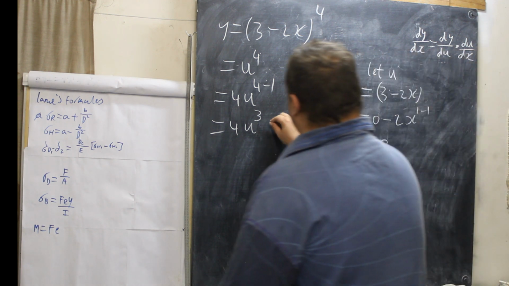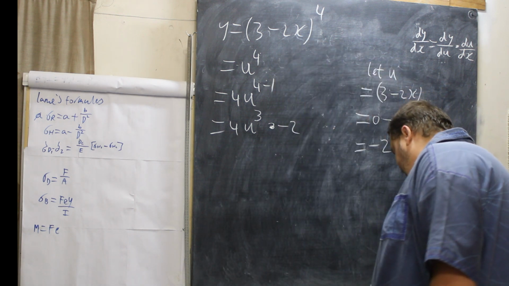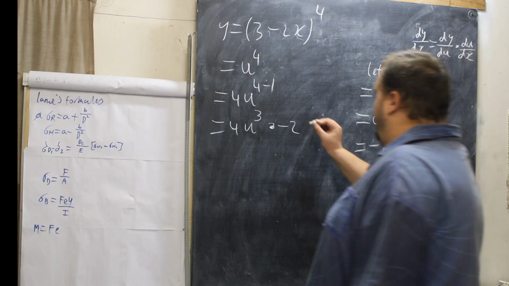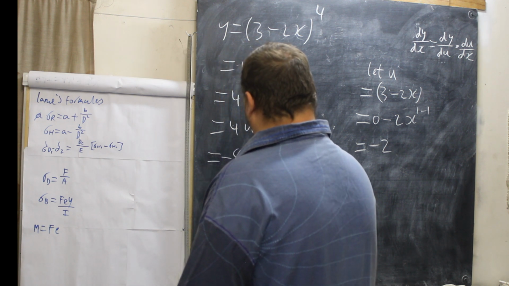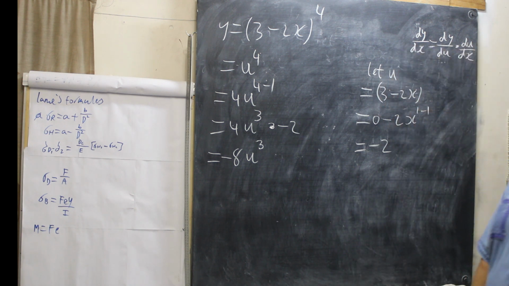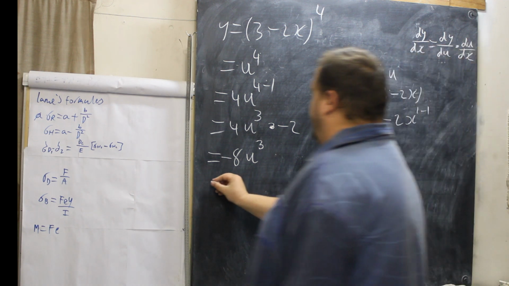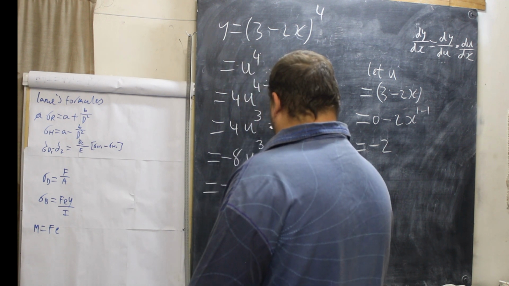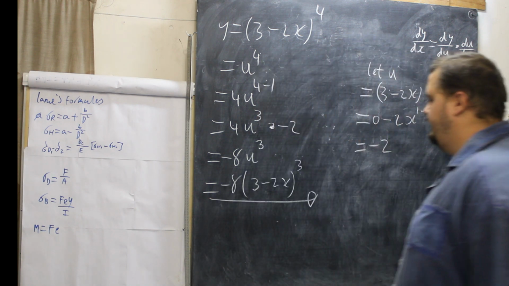Now we multiply that by minus 2. So 4 times 2 is 8. So minus 8u to the power 3. Now we can't do anything further, so we replace u with what we started with. So this will equal minus 8 times (3 minus 2x) to the power 3. And that is our finished sum.